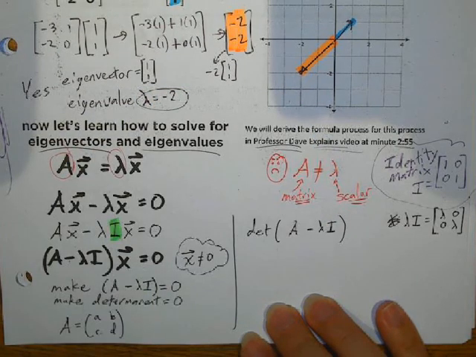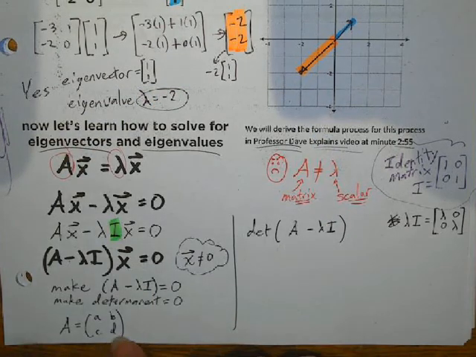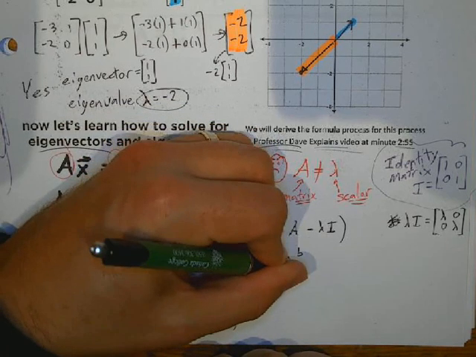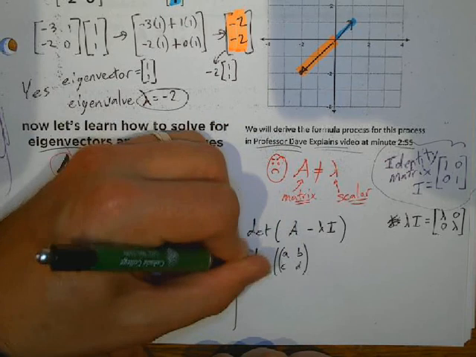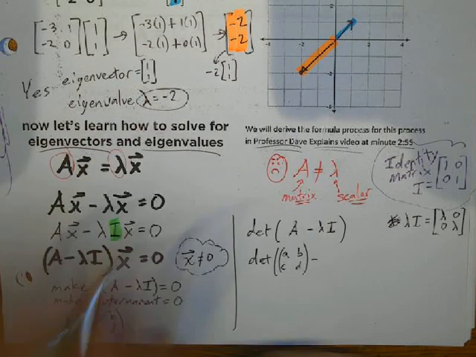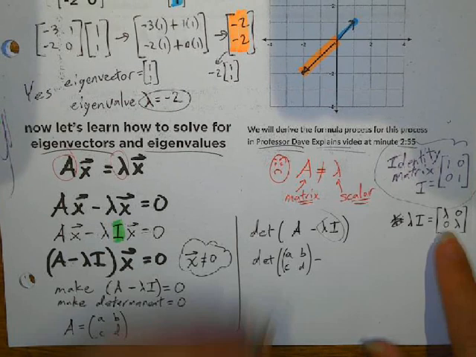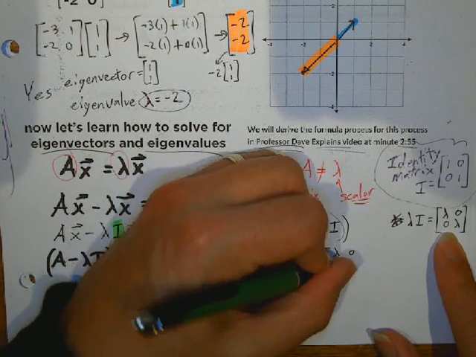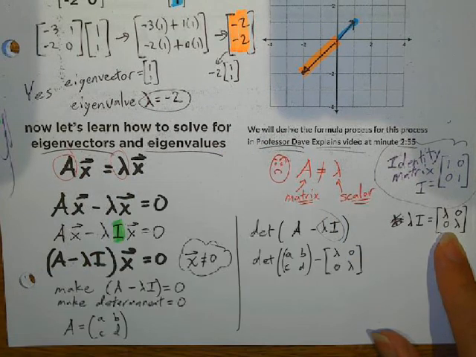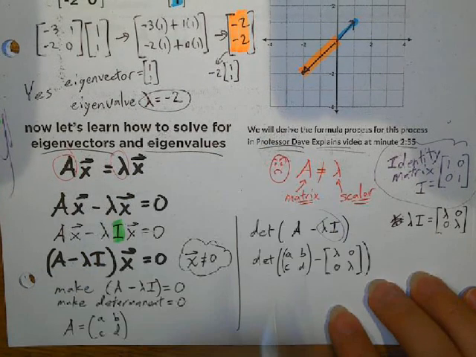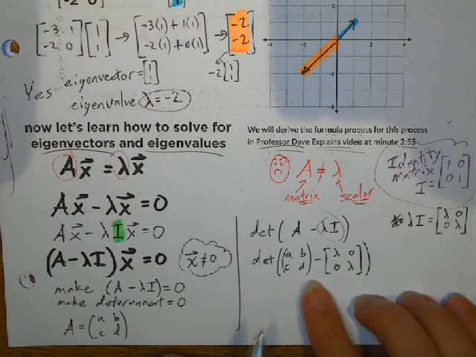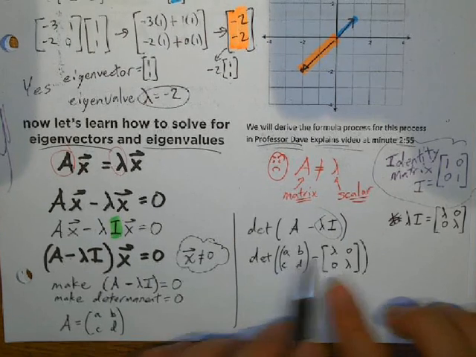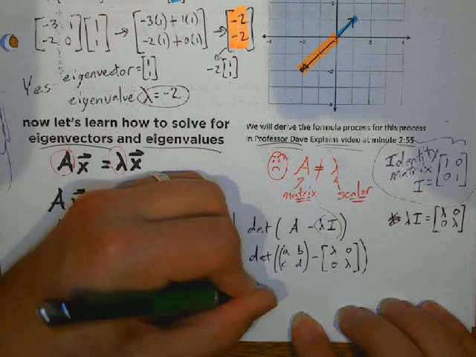I'm going to replace A with our generic A, B, C, D, minus, and we just said lambda I, I'm going to replace that with lambda 0, 0, lambda. This is matrix subtraction, so I can do that inside here.